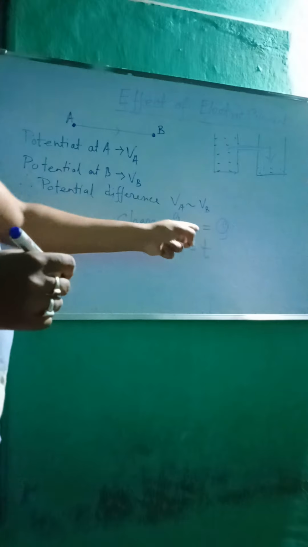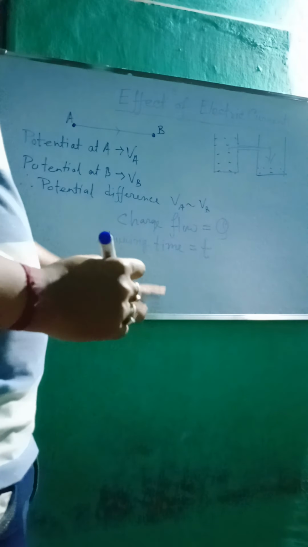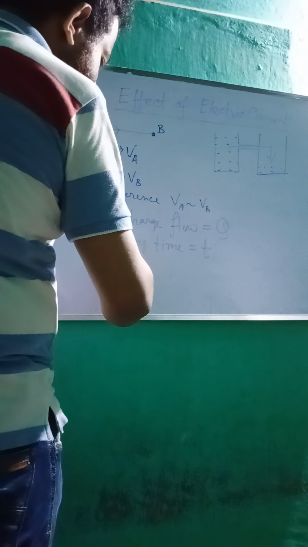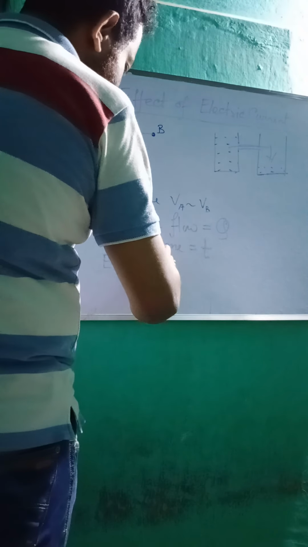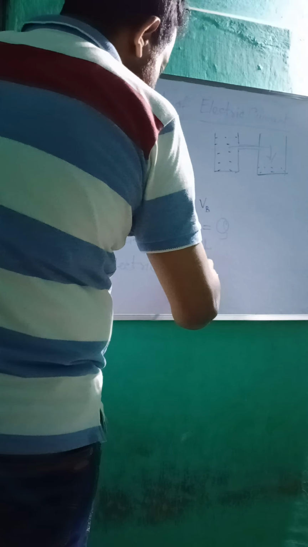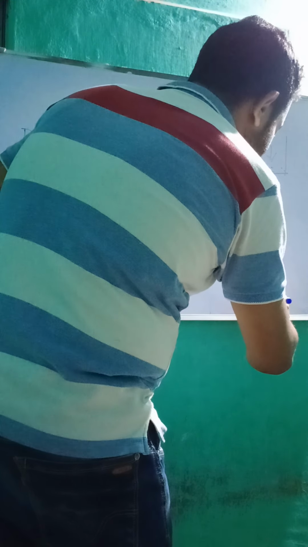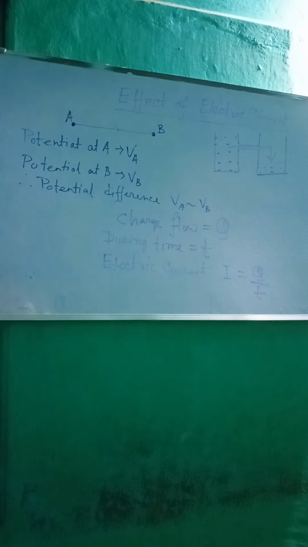Here the charge Q is flowing because of the potential difference during time T, so the electric current is defined by I is equal to Q by T. This is the current flow, the electric current.